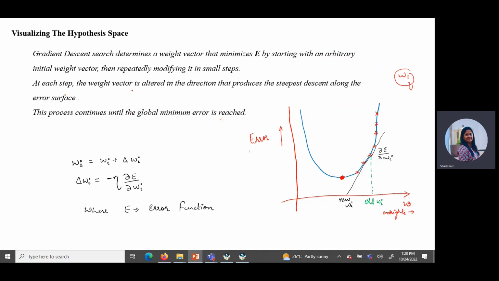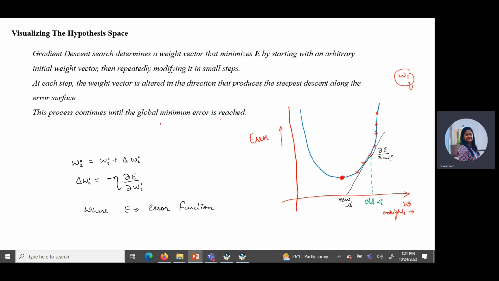At each step, the weight vector is altered in the direction that produces the steepest descent along the error surface. Each time it considers a weight, it finds the error, and if the error is more, it performs the operation again. Like this, it goes on reducing the error until it reaches this particular point.